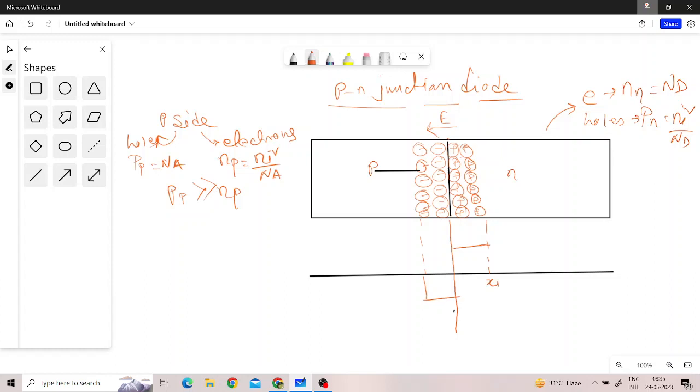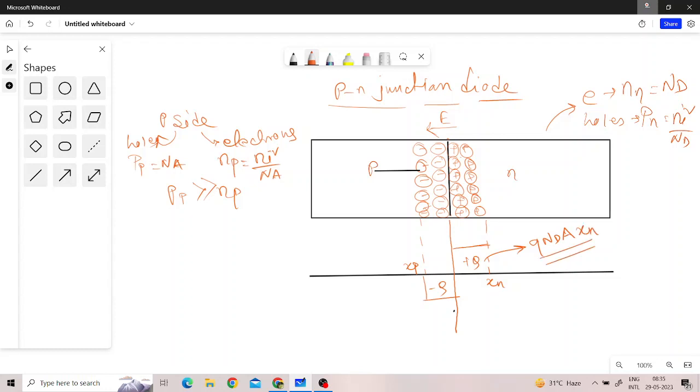Let's consider this xn and xp, plus q and minus q. And this plus q is how much? The amount of plus q is q times Nd. Here Nd is per volume, so we have to multiply with the volume. What is the volume? A is the cross-sectional area and the length is xn.